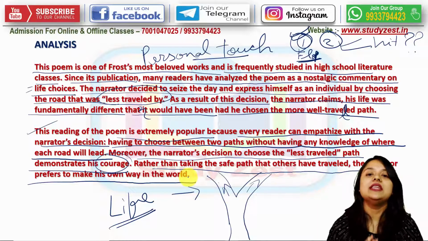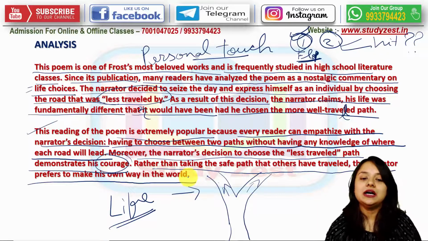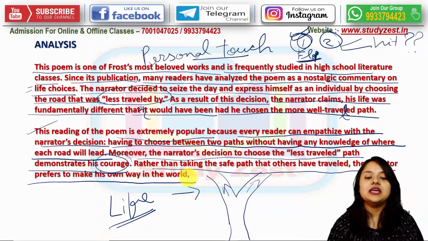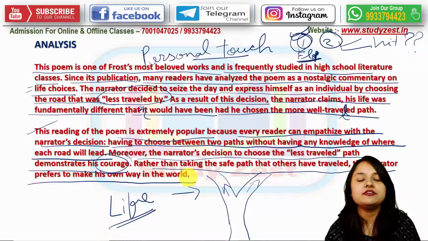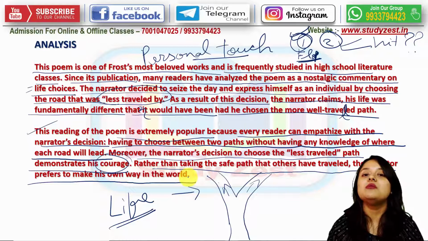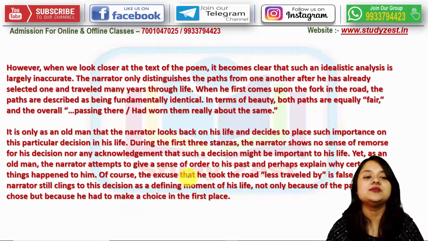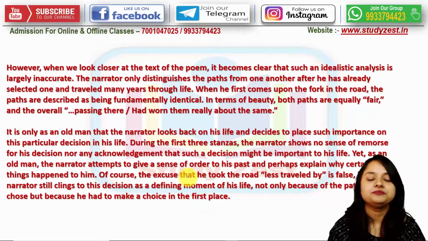So that's the point where the poet wants to express that it was not a safe or easy path for him, but instead he chose it. Although he had a safer option, he chose a more challenging one. That's why he is portrayed here as brave.